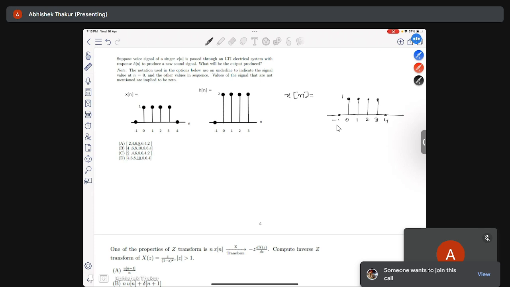So what is our h of minus n? h of 0 will be 2, and then h of minus 1 will be 2, and then h of minus 2 will be also 2, and h of minus 3 will be also 2. Okay, and for other values it will become 0.